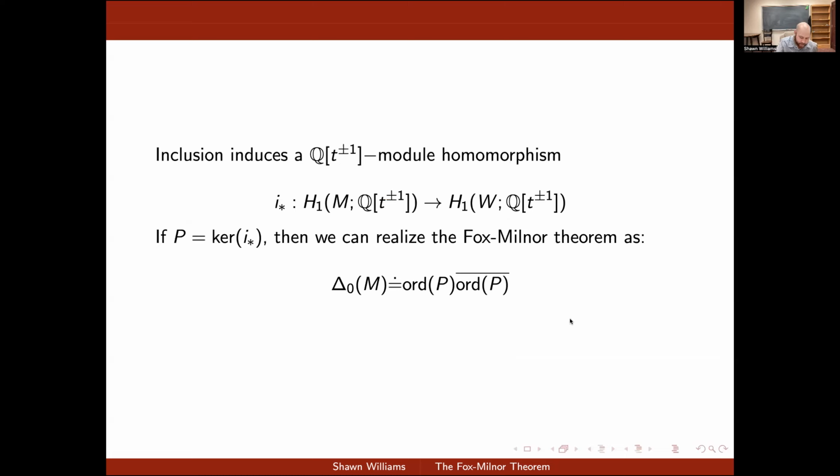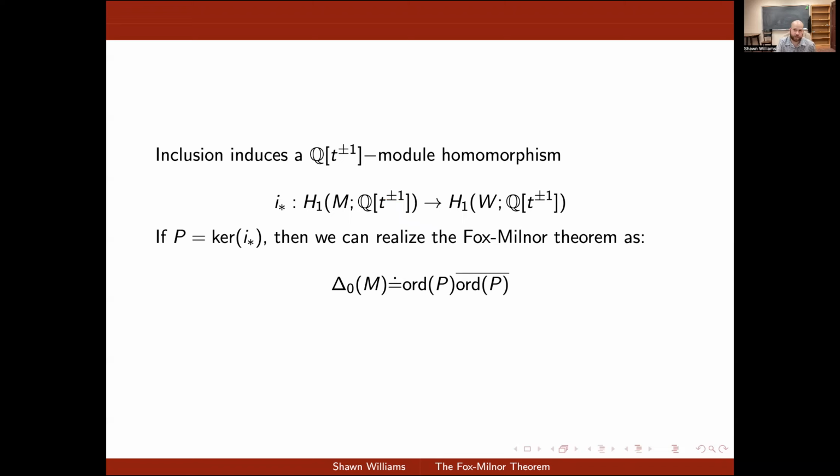In the method of proving the classical Fox-Milnor theorem, the factorization is realized through taking the order of the kernel of this homomorphism. So the factorization is the order of P, where P is the kernel of this induced map, times the involution of the order of P.